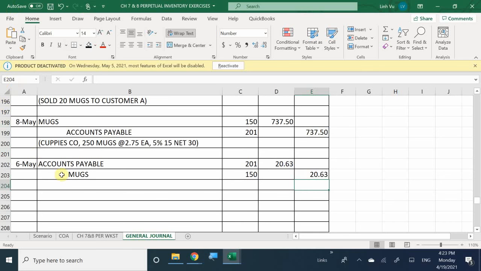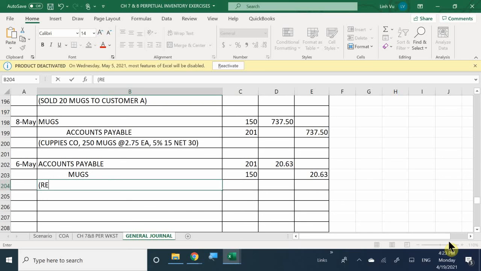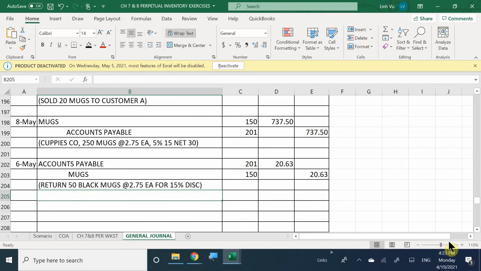And I'm also going to indicate that I attempted to return 50 black mugs at $2.75 each for a 15% discount. That should be good enough information.